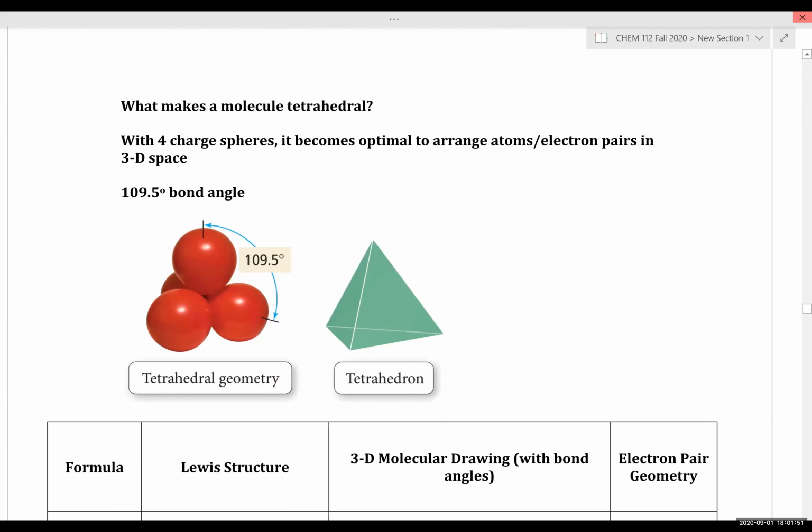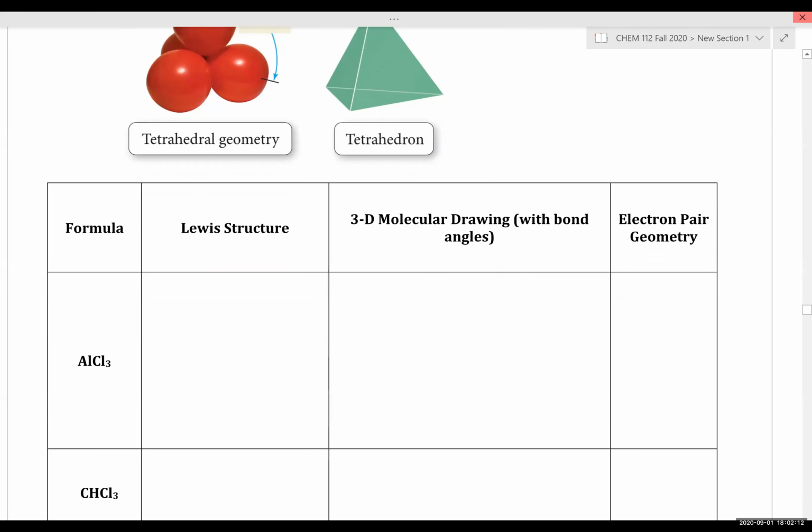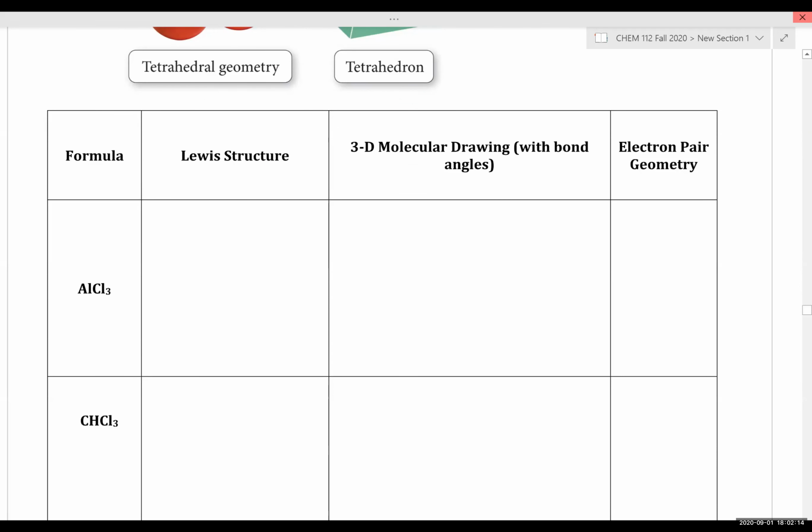The tetrahedral geometry has four charged spheres, and it has a three-dimensional shape associated with it, and we have 109.5-degree bond angles. Okay, so these are each of our electron pair geometries. And what I want us to do now is to just review briefly the electron pair geometry for each of these example cases.